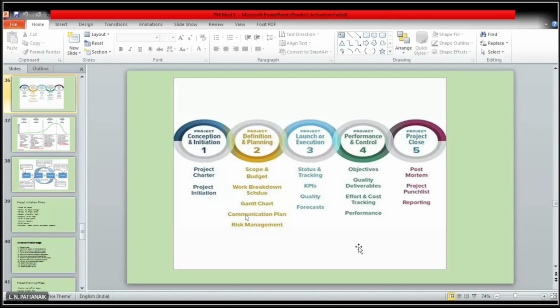There are many technical guidelines and instructions which are required to be given. If you just hand over the key and go away, then you can imagine what will happen the next day. Maybe there will be a blast. Maybe there will be some accidents. So project closure involves all these things.